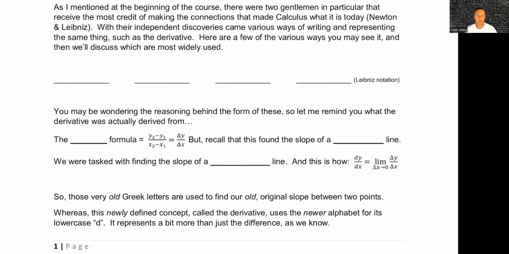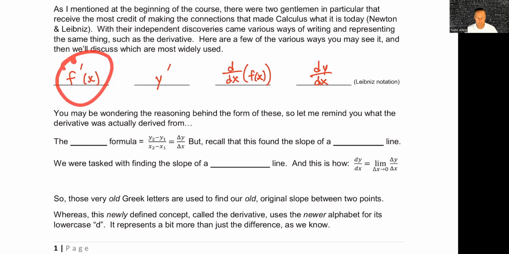And because of that, we use several different notations. So I'm not going to give them all to you in their namesakes, but I will give you a few that we will see most commonly. Leibniz notation is typically the one that is used most widely. Here are the first few that we will see, and I'll leave the last one there for Leibniz notation.